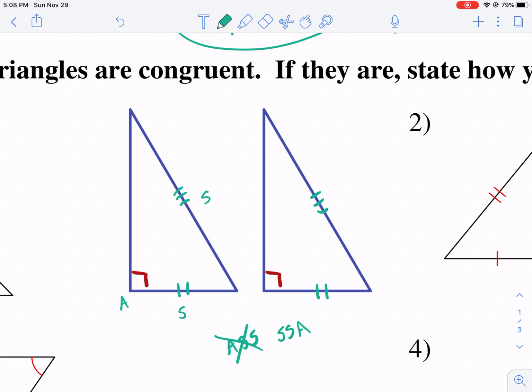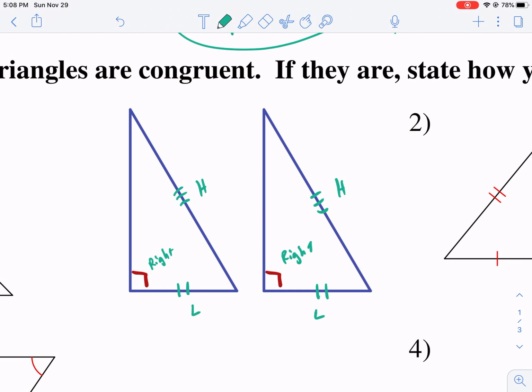But this is different because it's not just any angle, it's a right angle. This makes it hypotenuse. There's the hypotenuse, and this is a leg. And this is a right angle because these are right triangles.